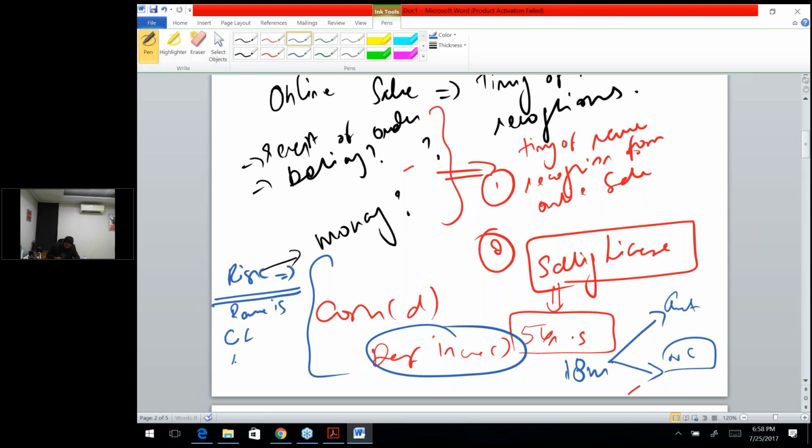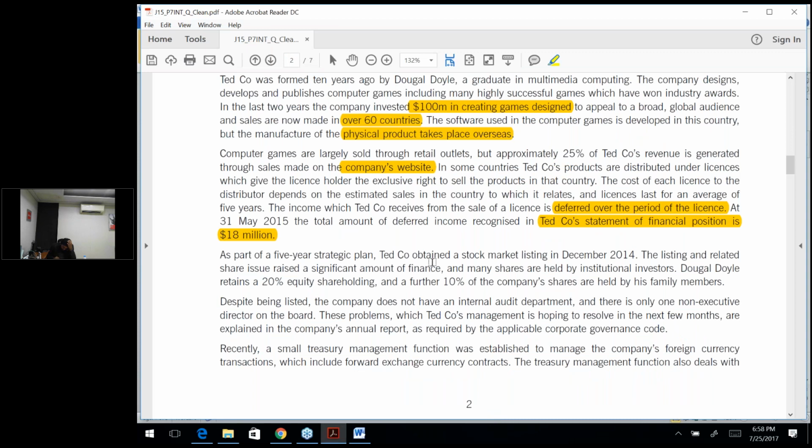So the current liability and non-current liability split is not done. That's another risk. Now let's move forward. It says as part of the 5-year strategic plan, TED company obtained a stock listing in December 14.